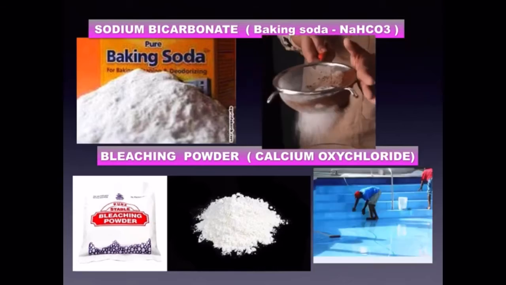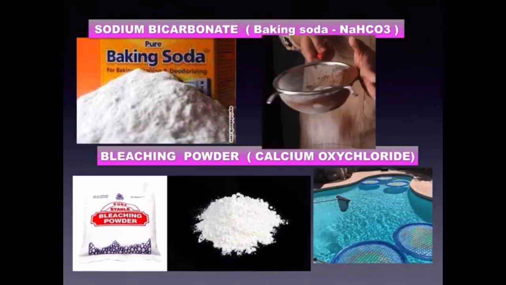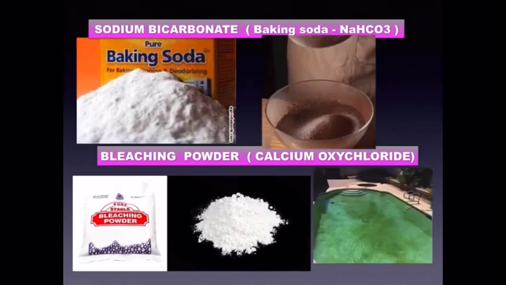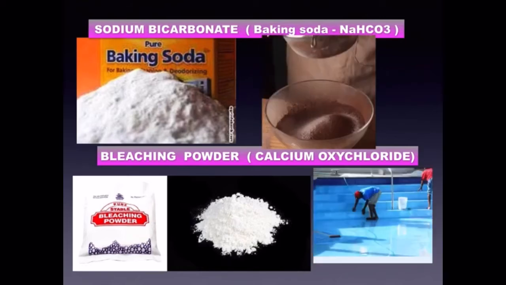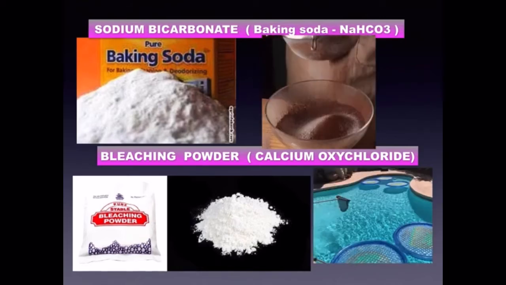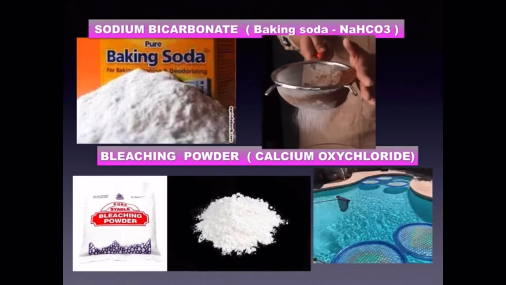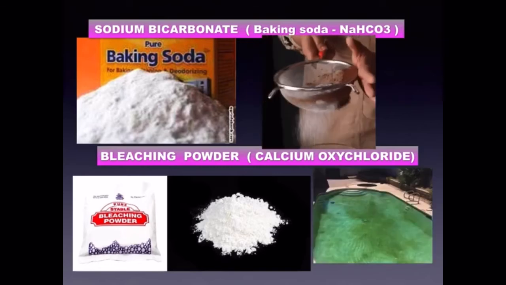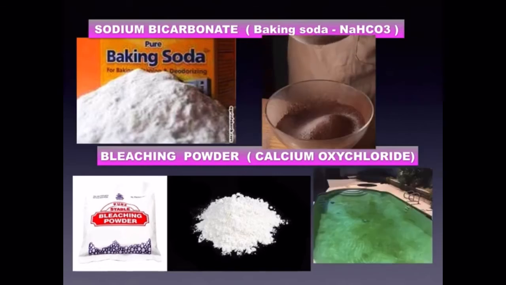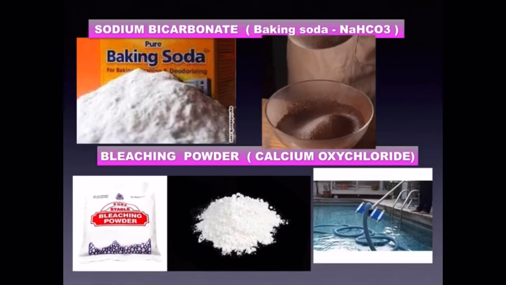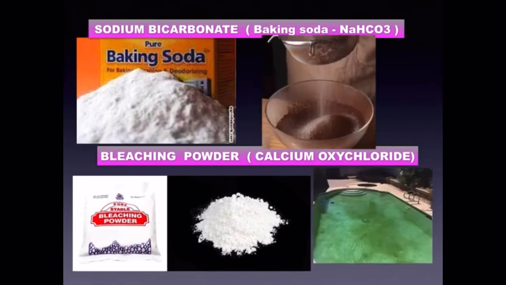It undergoes slow decomposition due to carbon dioxide in air and chlorine gas is released. Bleaching powder gets its property because of this release of chlorine gas. Bleaching powder is obtained by the reaction of chlorine gas with slaked lime. If you see in the picture, it's a yellowish white colored solid substance. Its chemical name is calcium oxychloride.